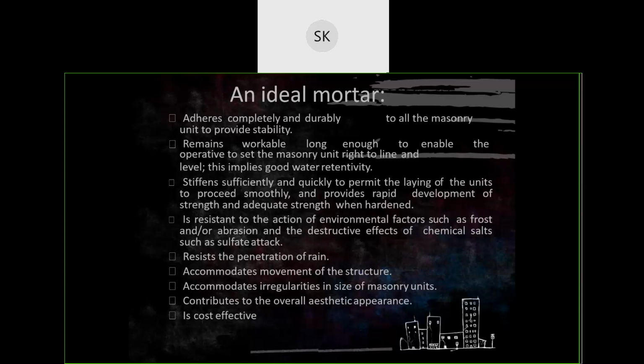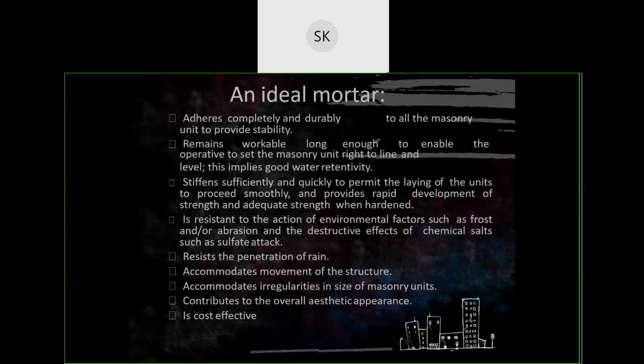It should be durable, and water resistant. It stiffens sufficiently and quickly to permit the laying of the units to proceed smoothly, and provides rapid development of strength and adequate strength when hardened.